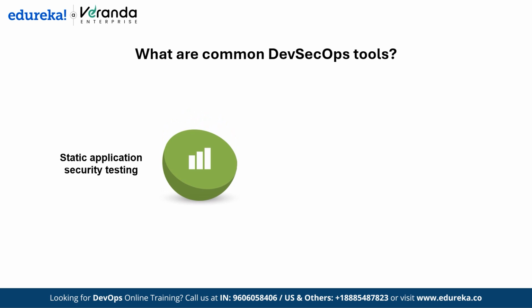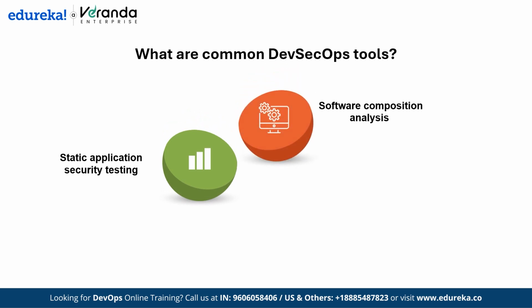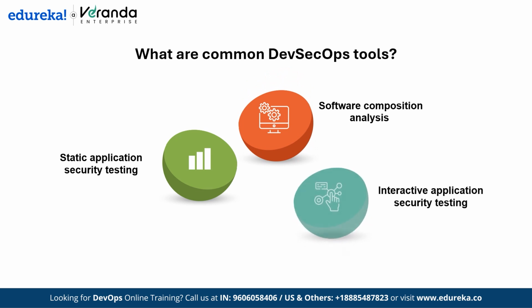Static application security testing, also known as SAST, tools analyze and find vulnerabilities in proprietary source code. Then is the software composition analysis. Software composition analysis is a process of automating visibility into open source software use for the purpose of risk management, security, and license compliance.